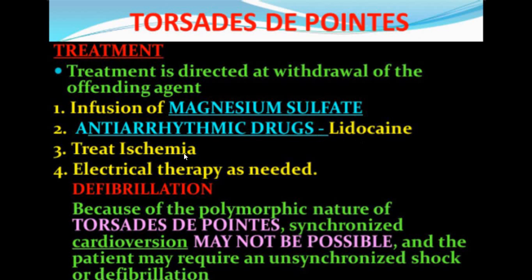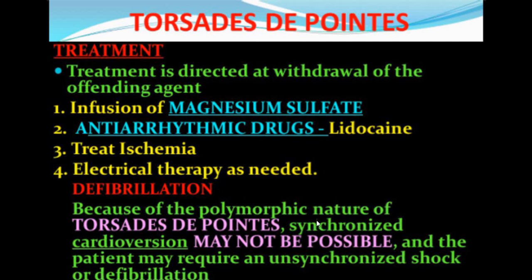If it is secondary to ischemia, treatment of ischemic heart disease. If it is an electrolyte imbalance, then try to correct that electrolyte imbalance, mainly hypomagnesemia, hypokalemia, and very rarely hypocalcemia. If the person does not respond, then defibrillation must be done.